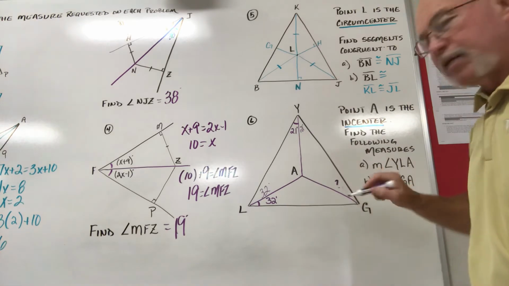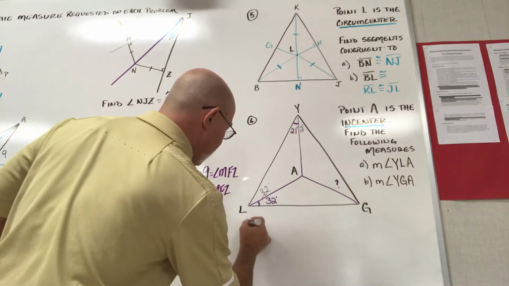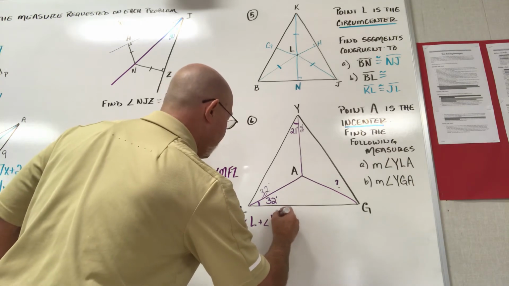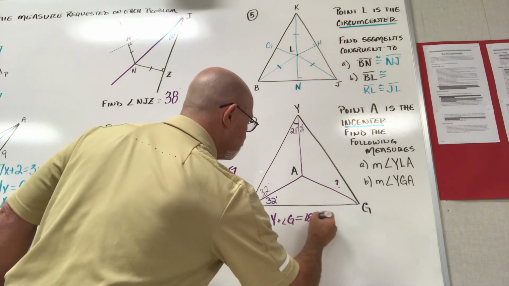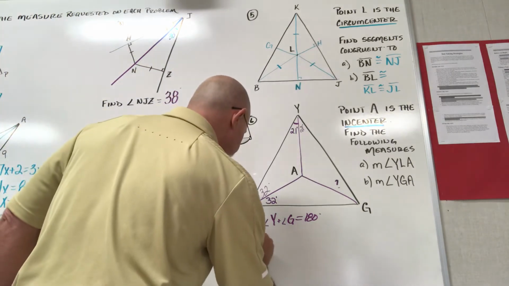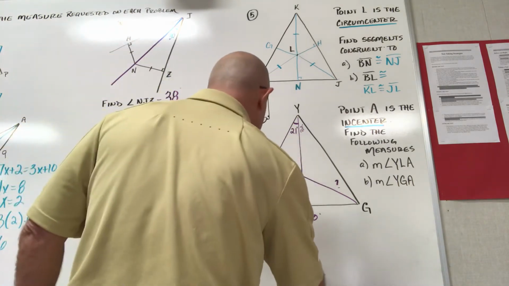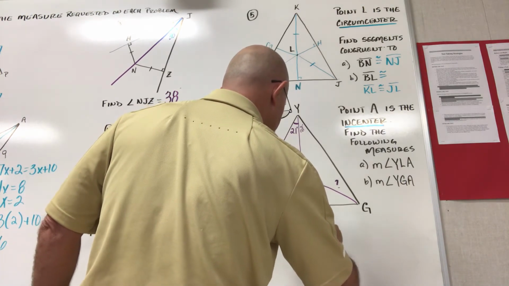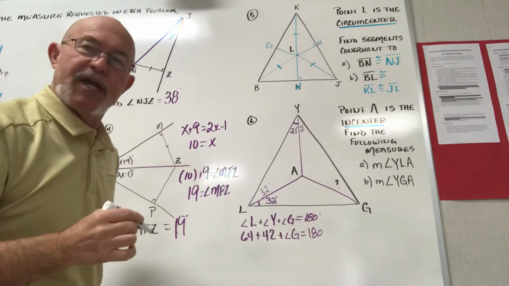YGA. Now this one we have to do a little work for. This is a 64-degree angle. So I know if I take angle L, angle Y, I already know angle L is 64 degrees. 21 and 21 is 42 degrees. I'm going to add these together and subtract from 180.